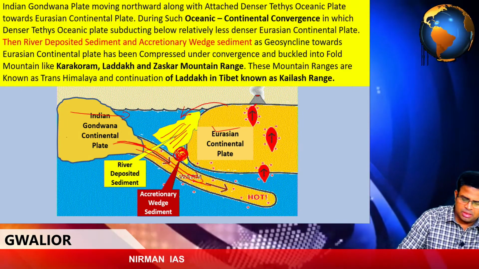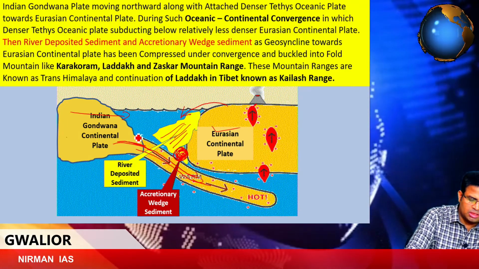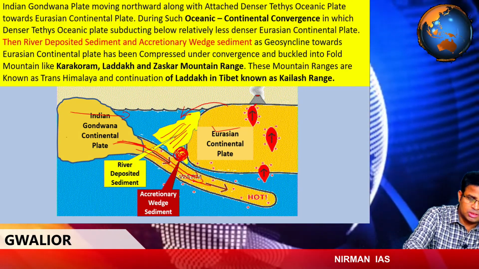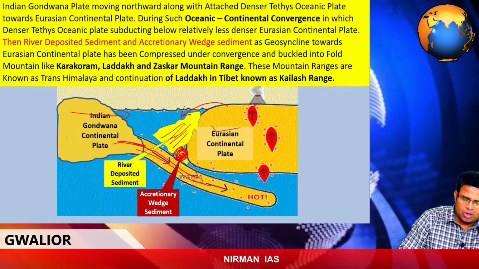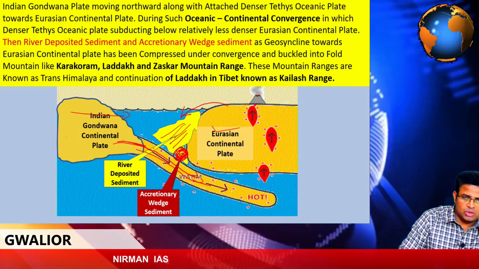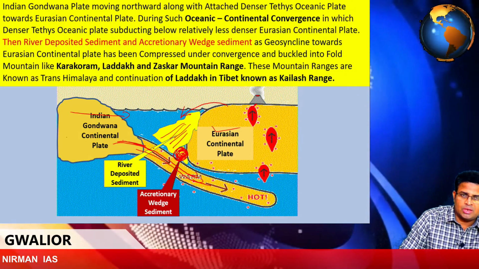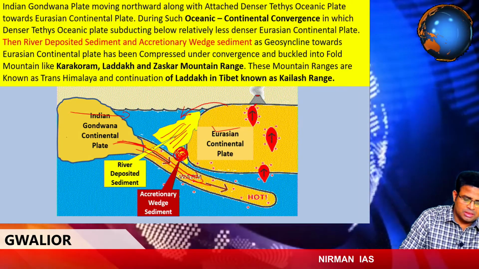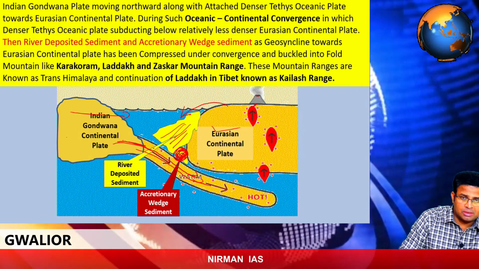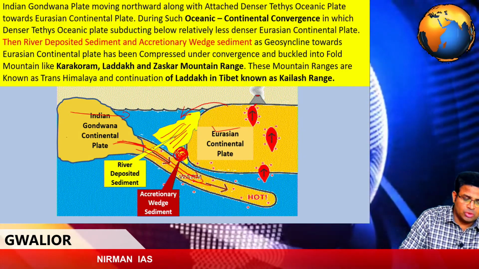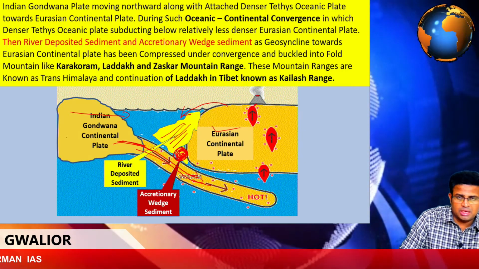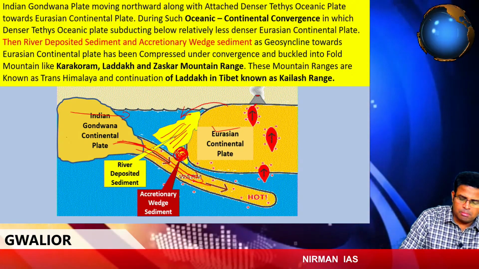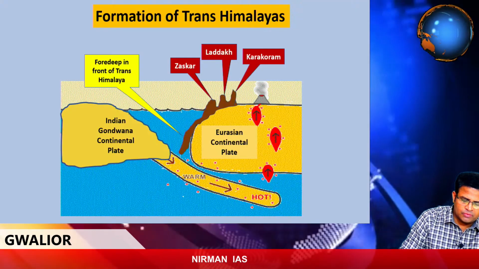Under the compressional force, as the Indian Gondwana plate and Tethys oceanic plate keep moving northward, this geosyncline, these soft sedimentary rocks along the coastal area, the river deposited sediment and accretionary wedge sediment, buckled into the fold mountains.